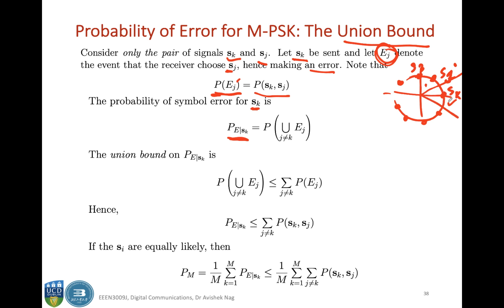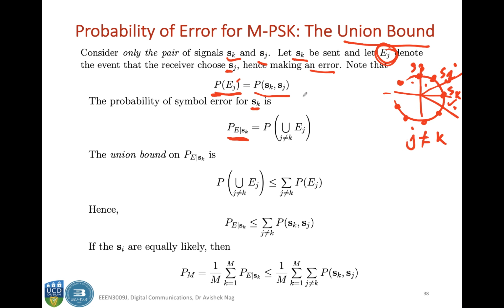If your received signal falls within Sk, then that is not an error. But if your received signal falls anywhere within the decision region of the other signals, other Sj signals which are not equal to Sk, then you are making an error.